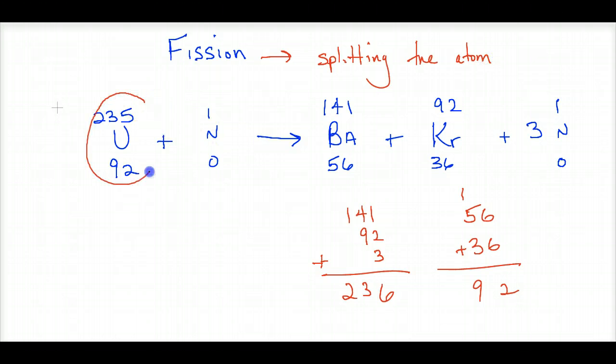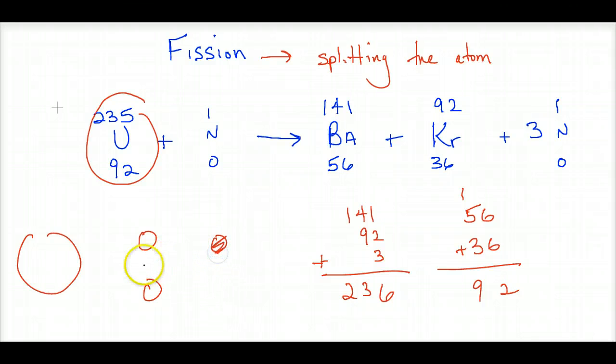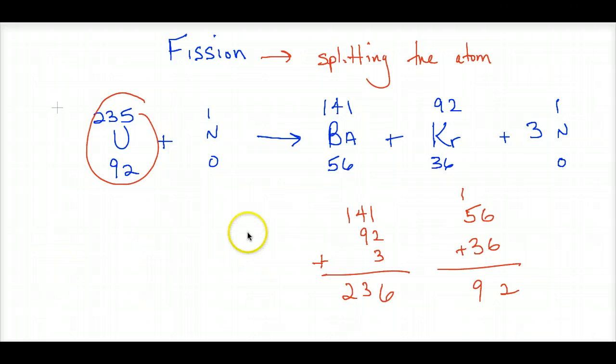So nuclear fission is splitting the atom. We have a big nucleus splitting into smaller fragments. The fragments are barium and krypton, and 3 neutrons. Now, in this splitting of the atom, we know that in the nuclear equation we have conservation of mass, so to speak. 141 plus 92 plus 3, right? There's 3 of these. It's 236, and that's 236 above here, right?